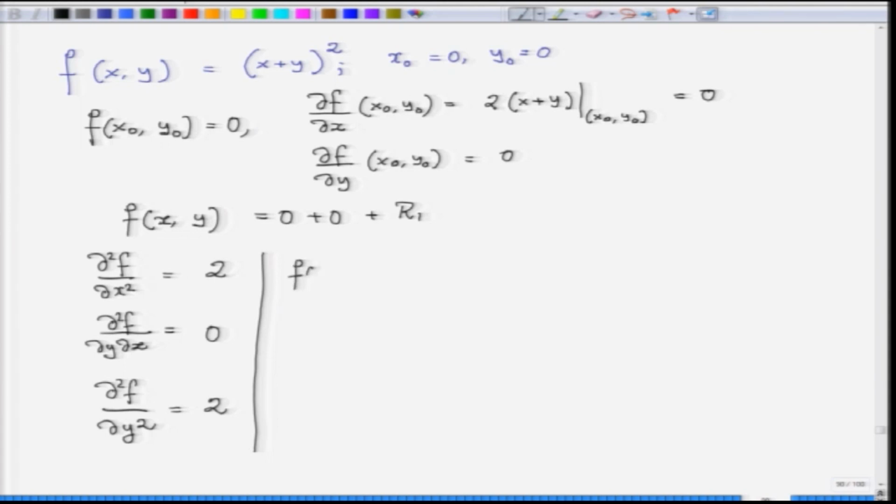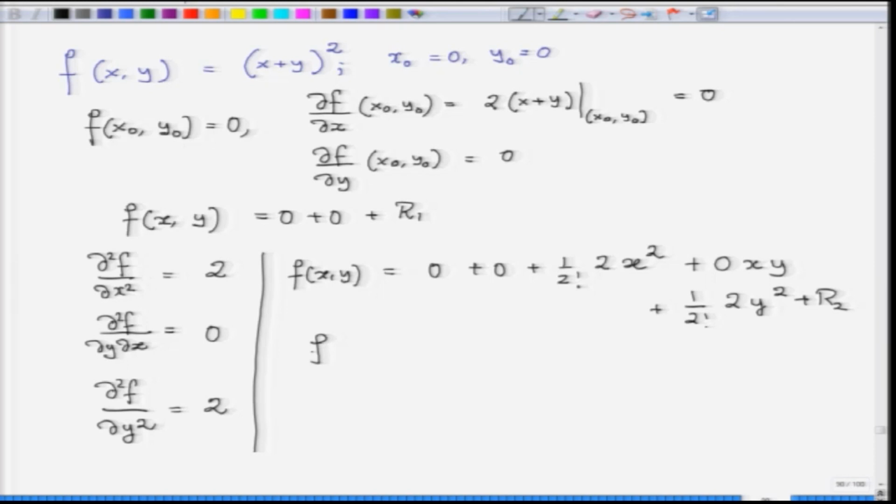So, now let us go to the second order expansion. f of x y: the first order part f 0 0 is 0, this part is 0, plus 1 by 2 factorial, 2 into x square plus 0 into x into y plus 1 by 2 factorial 2 into y square plus R2.